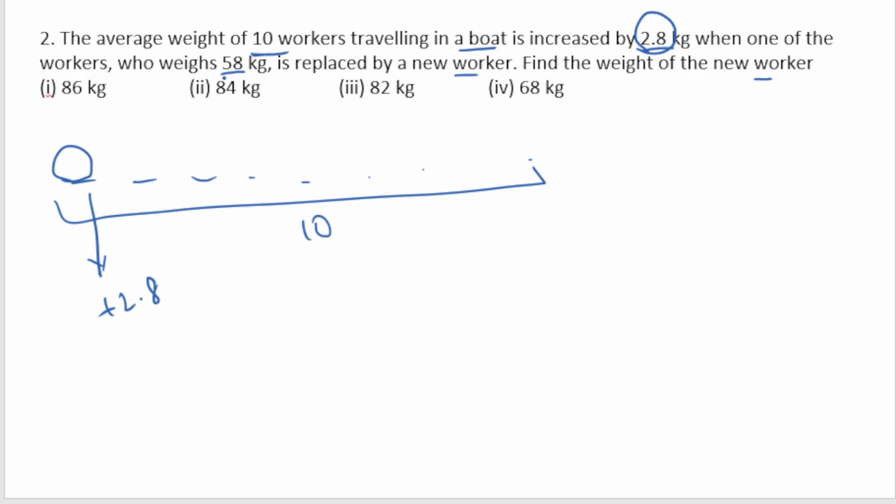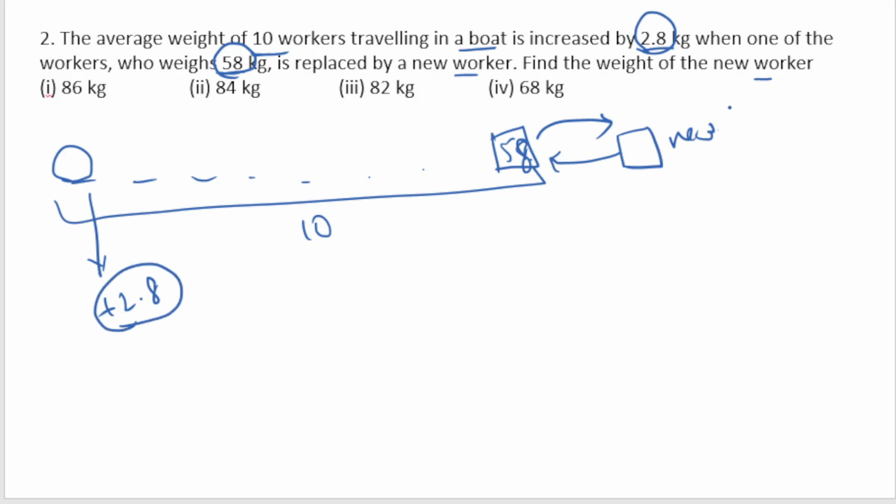Okay. A person who weighs 58 kg is replaced. This 58 kg person has gone and another person has joined. Okay. So when this person has been replaced by a new worker, then the average weight increased by 2.8 kgs.